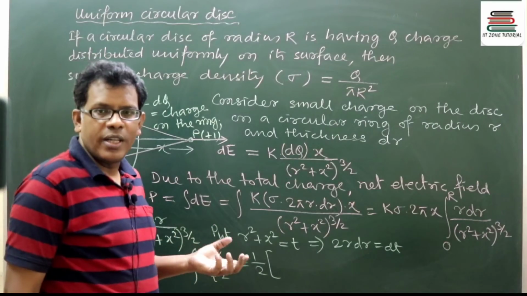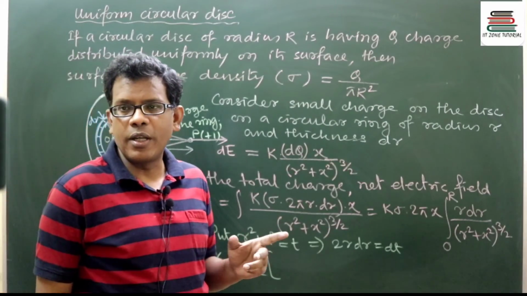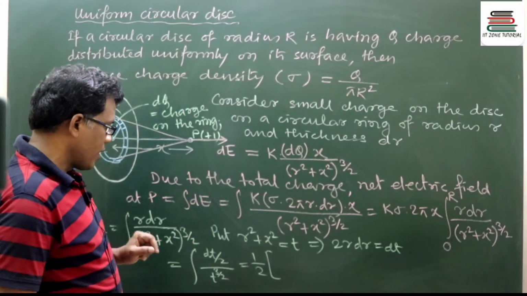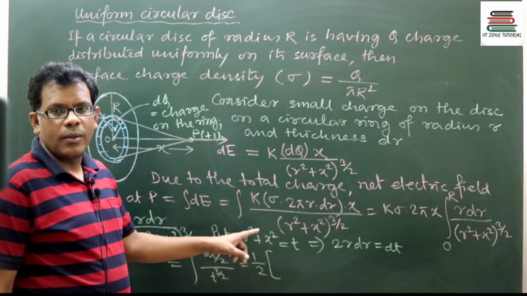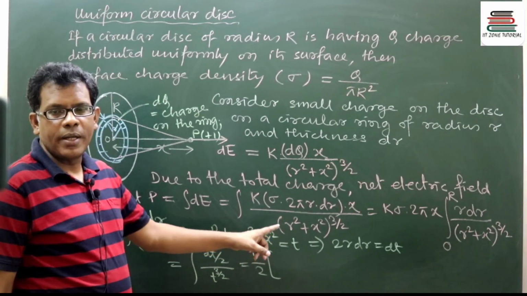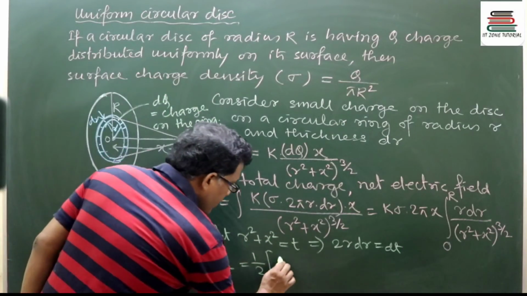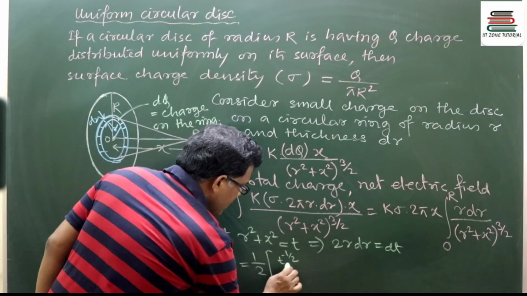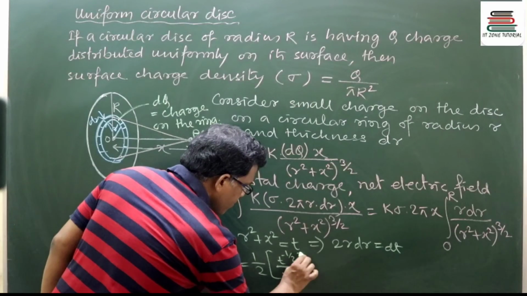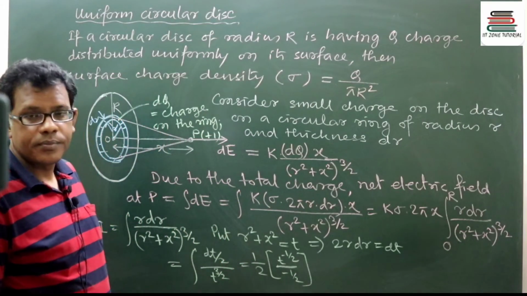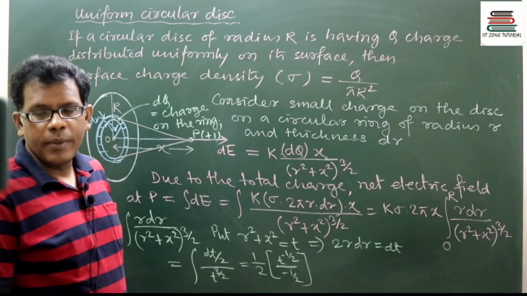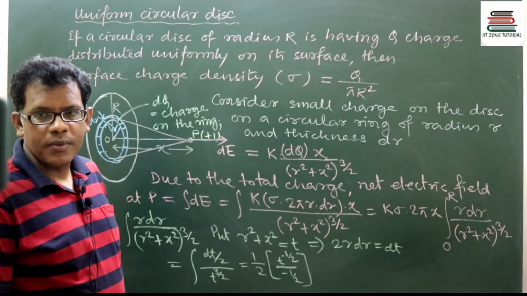Integration of x to the power n is x to the power n plus 1 by n plus 1. So its result will be t to the power minus 3 by 2 plus 1 by minus 3 by 2 plus 1. That means it will be t to the power minus half by minus half. Yes or no? n is minus 3 by 2, so plus 1.